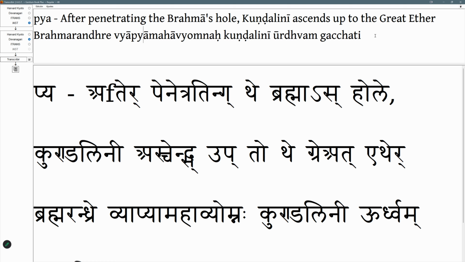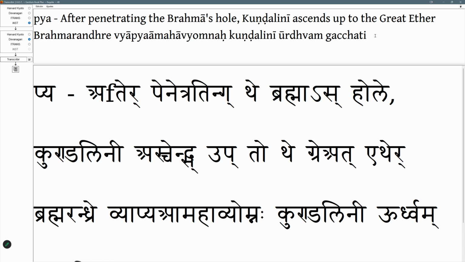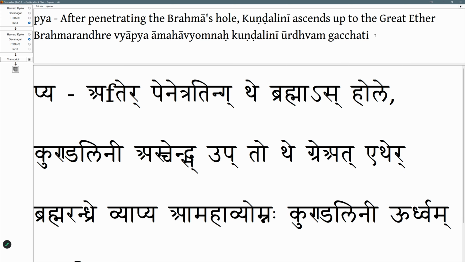No voy a hacer acá el Sandhi for DeepSeek not to go crazy, para que no se vuelva loco DeepSeek. I will keep the words separated for DeepSeek because DeepSeek doesn't know combination rules in depth. DeepSeek no conoce en profundidad las reglas de combinación, así que las voy a dejar separadas.